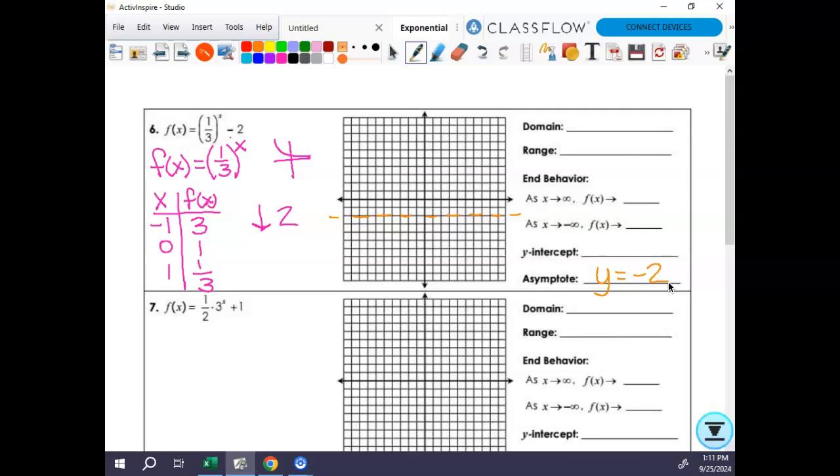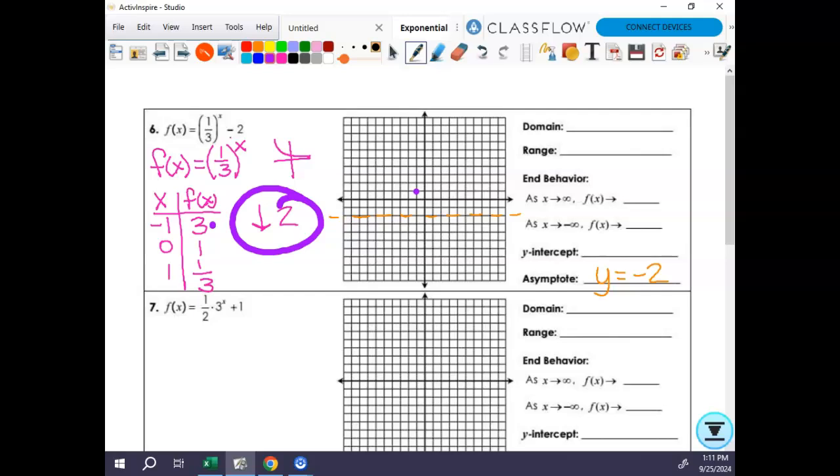Now I am going to plot my points the same kind of way. I put my pencil at -1, 3. So -1, 1, 2, 3. And then from there, I'm going to do what? I'm going to go down 2. So I put my pencil here, -1, 3, and go down 1, 2, and that's where my new point lives.